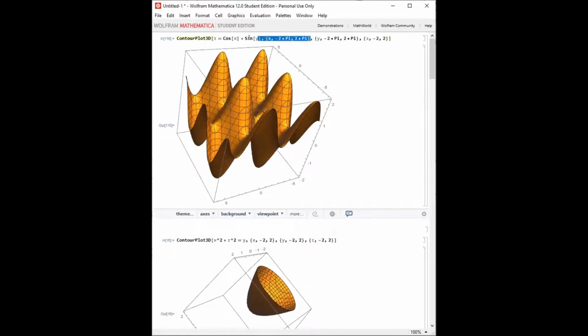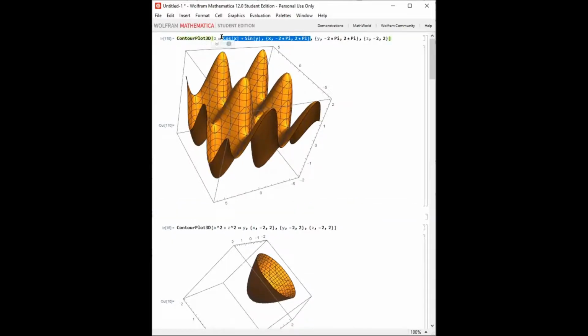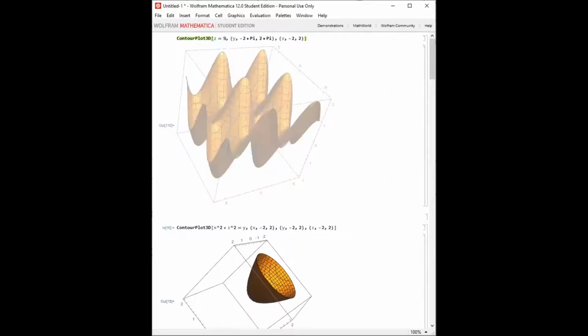Pretty cool. Okay, so let's look at another one. That will be our last one for now. We're going to do sine of x over x. Oh, and I do this multiplied. So times sine of y divided by y.